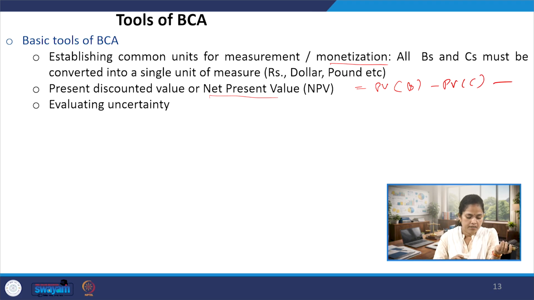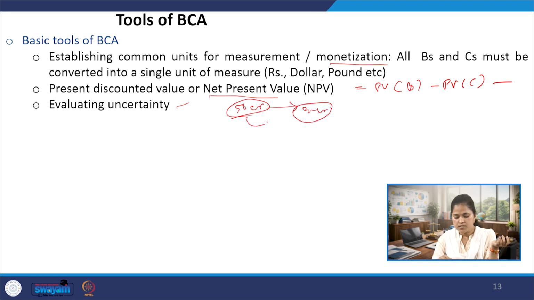And it is followed by evaluating uncertainty, because many times you find that public projects are prone to uncertainty. For example, we are considering the expansion of our national highways, right? And for that, let's say 50 crores of rupees would be required within a span of 3 years.